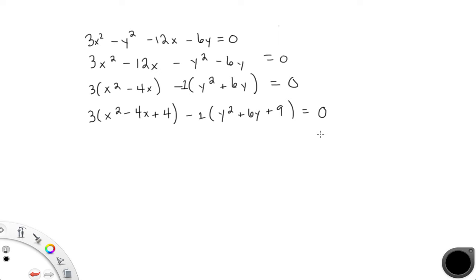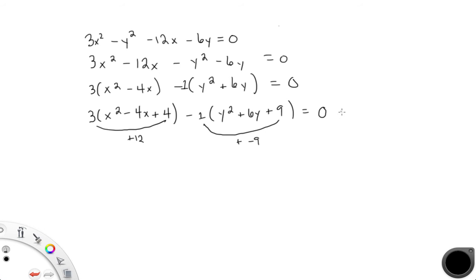Okay, so let's look at what we actually just did, right? We just added 4 on the inside of this parentheses, so what we really did was add 12 here, right? The 4 times 3. We really added 12 on the left side. And over here, we actually added -9, right? We added a 9, but it's actually a -9 because of that -1.